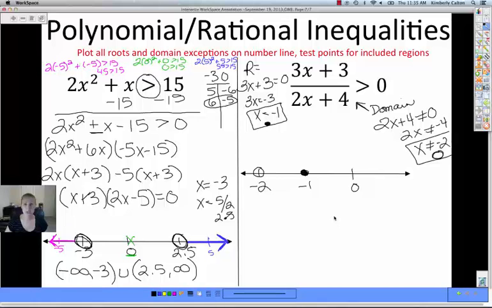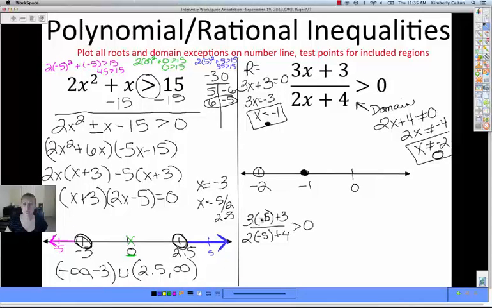Now we want to test our points. So again, I'm going to pick a value that is less than negative 2, maybe negative 5, and I'm going to test it. So I have 3 times negative 5 plus 3 over 2 times negative 5 plus 4, and we're hoping that this is greater than 0.